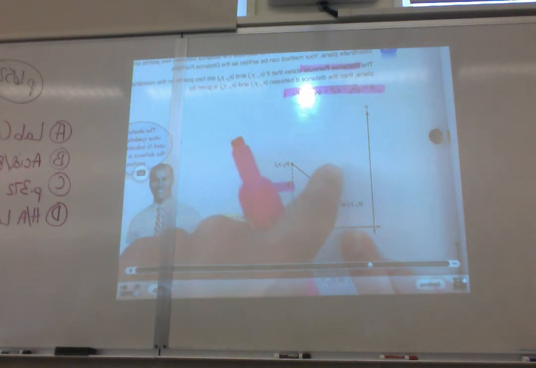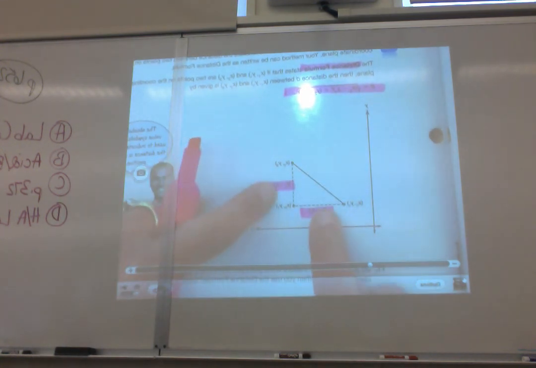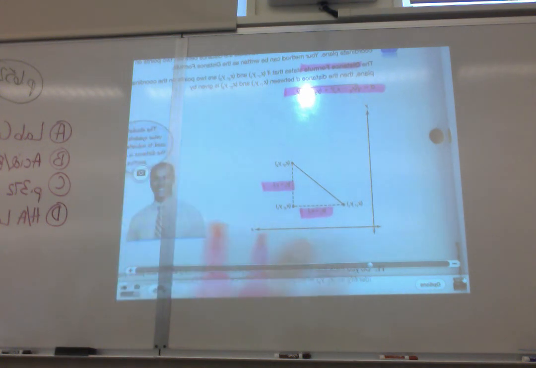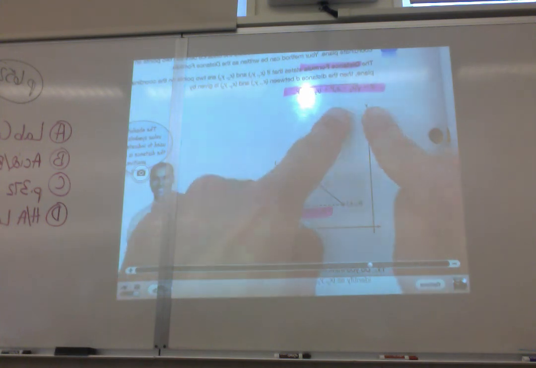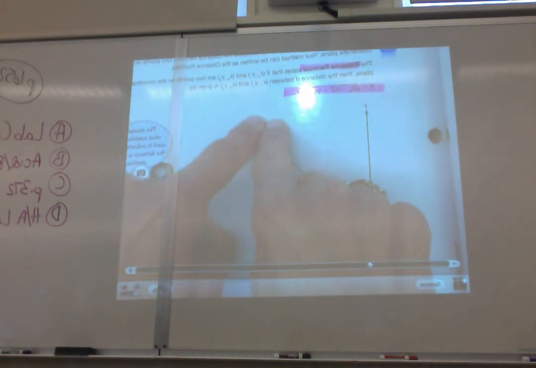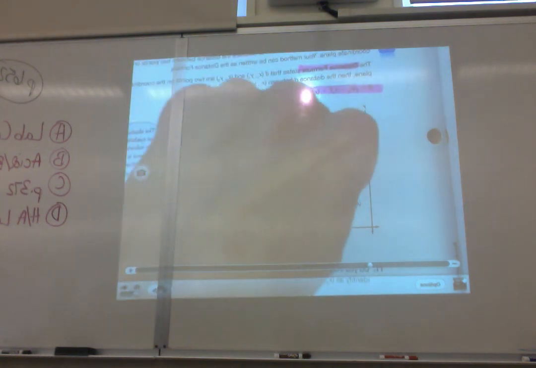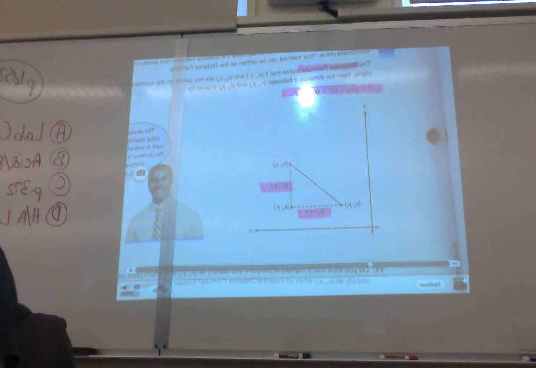To figure out the hypotenuse, you square both of these, add them together, and then you have to take a square root to get that hypotenuse. That is probably way more than your brains can hold. Maybe a tiny piece of that sunk in. We'll re-look at this again. But we've used coordinates and Pythagorean to figure out a distance between some points.